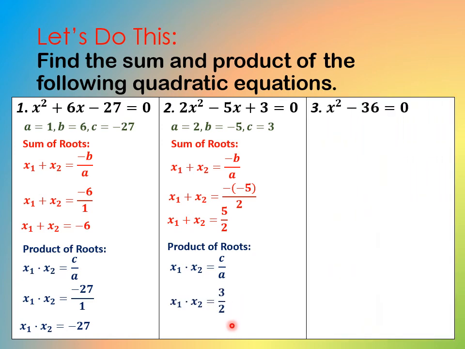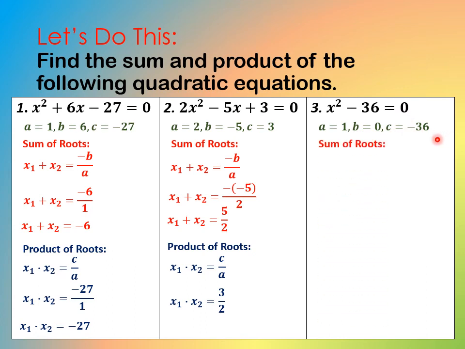Last one, number 3. We have x squared minus 36 is equal to 0. Determine the values of A, B, and C. A is 1, B is 0, C is negative 36.